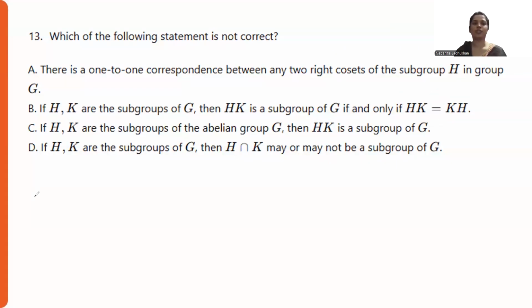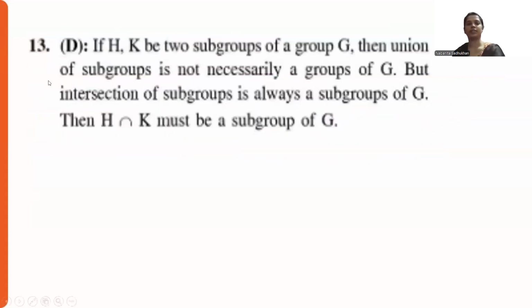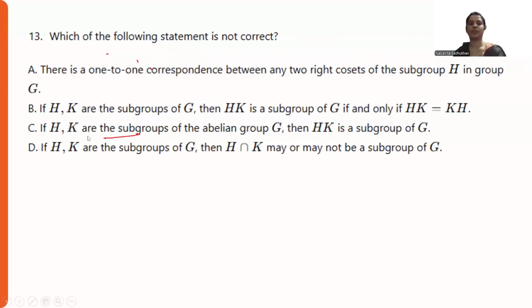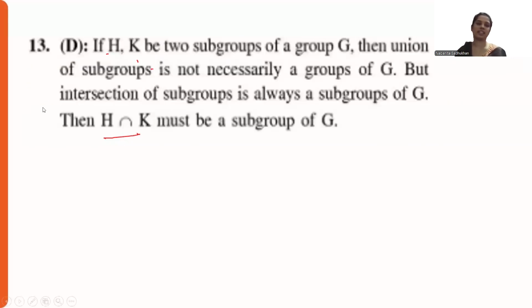So we have to tell which statement is not correct, right? If we talk about D, since H and K are subgroups, H intersection K is also a subgroup. So option D is not a correct option, because they are saying that H intersection K may or may not be a subgroup, but it has to be a subgroup, okay?